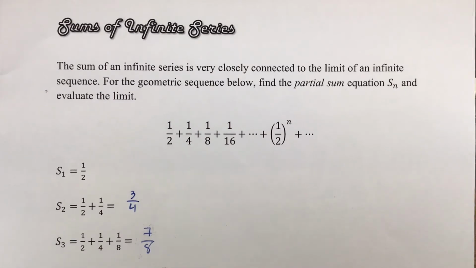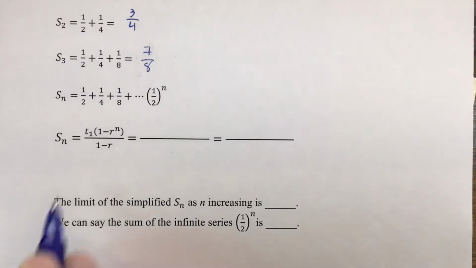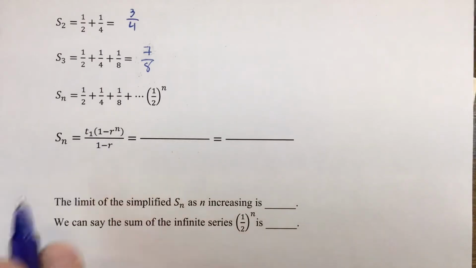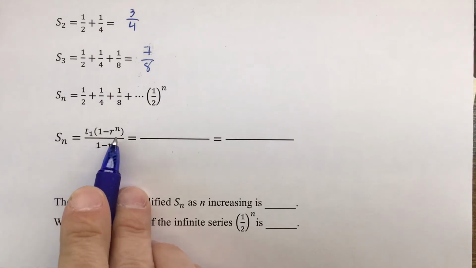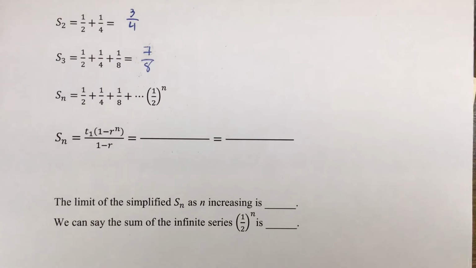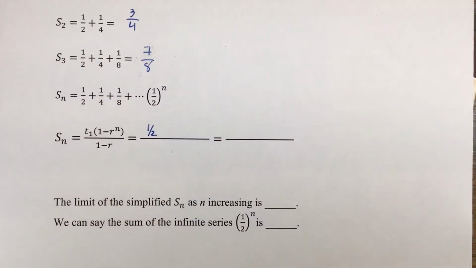And recall that this is a geometric series. Since we have a geometric series, we can use this formula to figure out the sum of n terms. You need your first term, and you multiply that by 1 minus r to the nth power, divided by 1 minus r. So for our particular problem, t1 is 1/2. That was our first term.